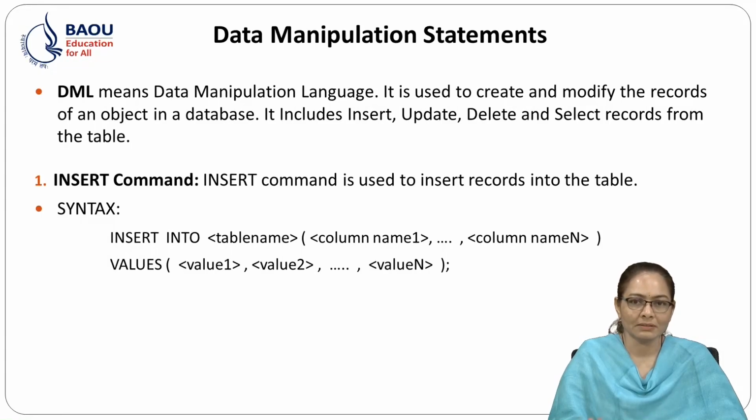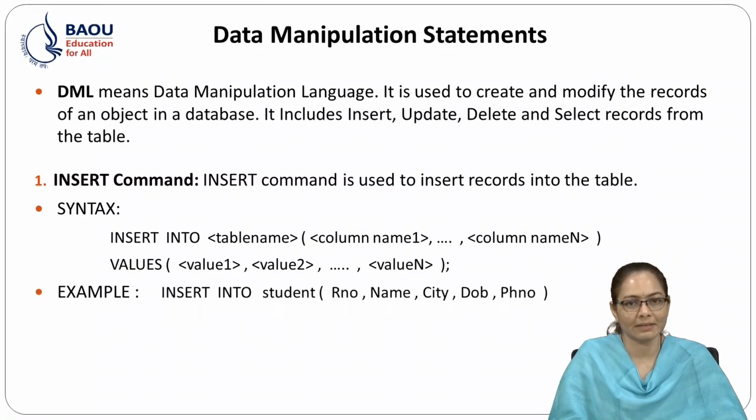Value 1 is stored in column 1, value 2 is stored in column 2, value 3 is stored in column 3, up to n. So it is the syntax of the insert command. You remember this syntax.